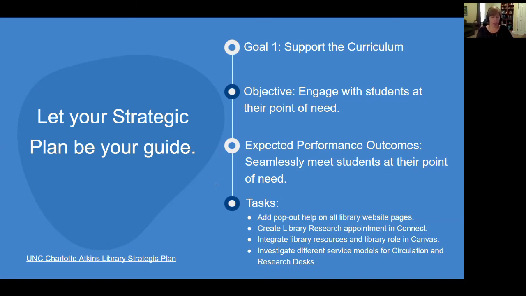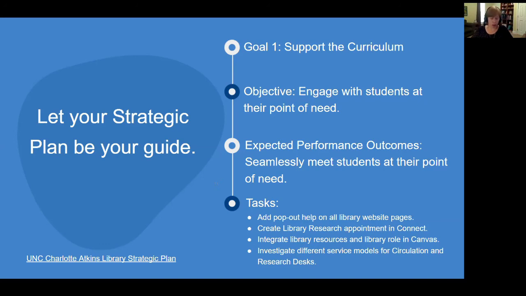Instead of thinking, what data do we have, what can we collect and how can we assess it, I recommend letting the strategic plan be your guide in what you assess. All libraries have strategic plans, at least I know the public libraries and the university and college libraries do. Not sure about the smaller organizations, but I'm sure you have some goals that your leadership team has set forth.